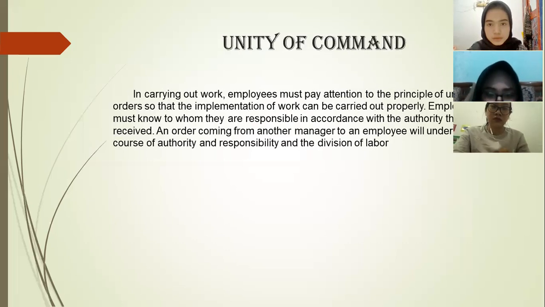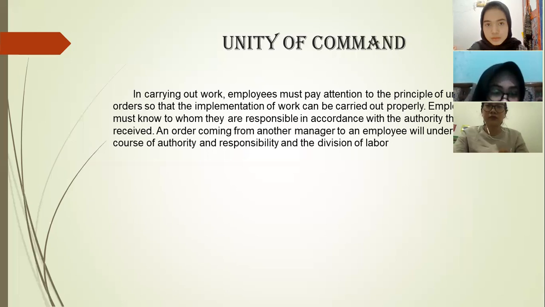Next, in carrying out work, unity of command. In carrying out work, employers must pay attention to the principle of unity of orders so that the implementation of work can be carried out properly.